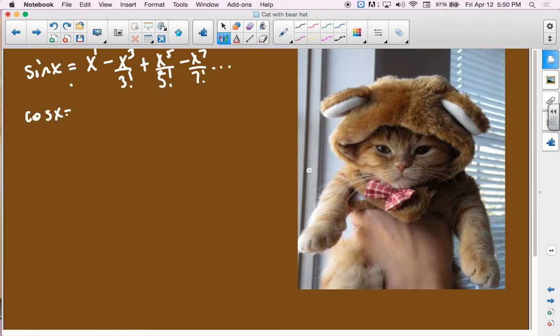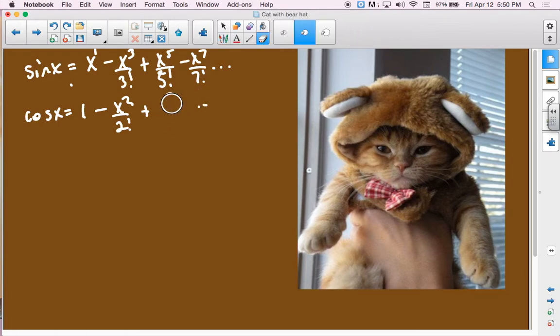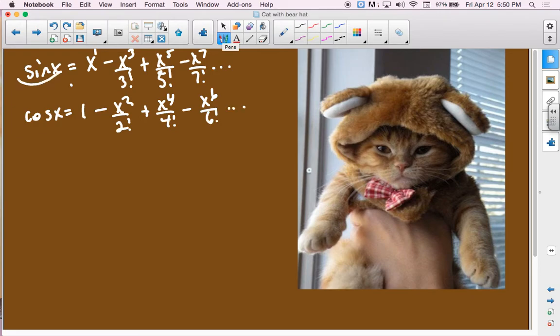Cosine x is even. It starts with x to the 0, so it's 1 minus x to the 2nd over 2 factorial, plus x to the 4th over 4 factorial, minus x to the 6th over 6 factorial. You do not have to derive these. You can go in with them memorized.